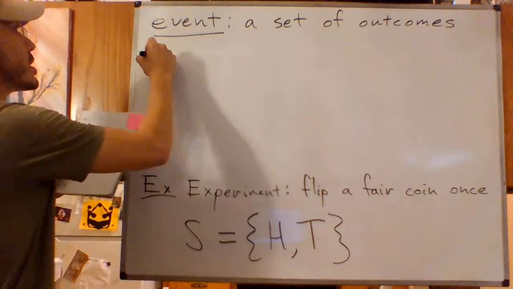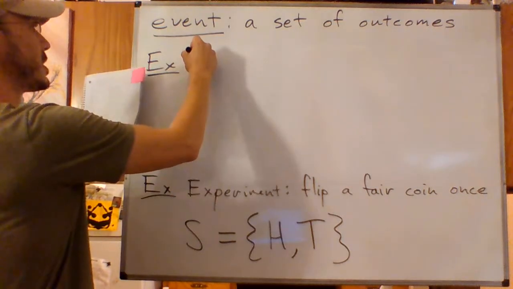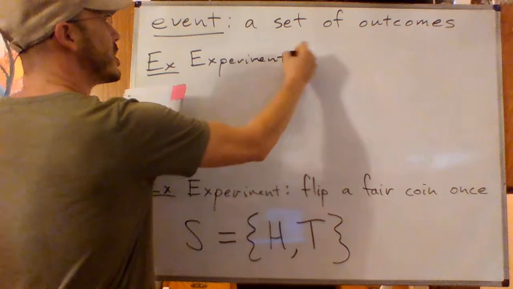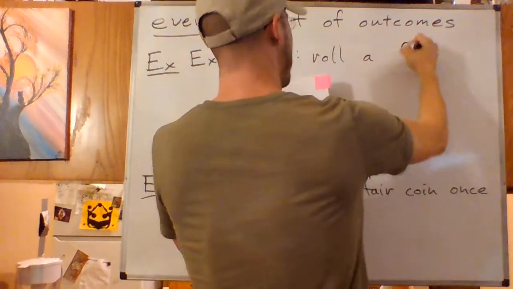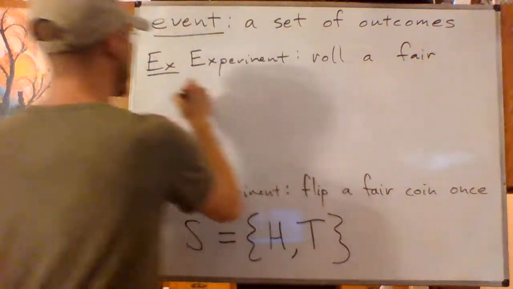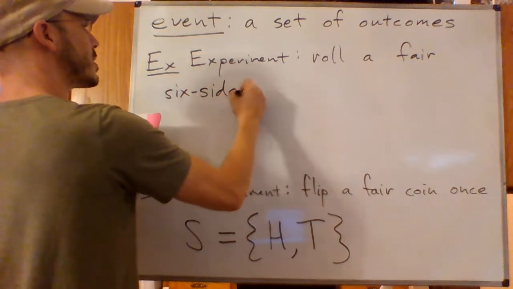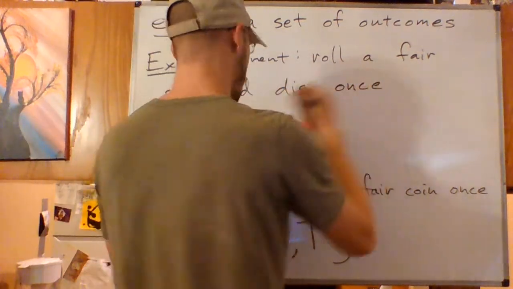So consider this example. The experiment is this. We're going to roll a fair six-sided die once.